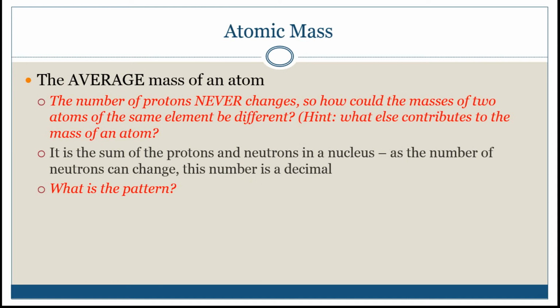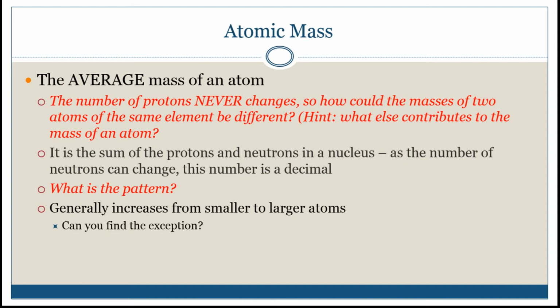There is one exception. So for a candy, who can spot on their periodic table where there's one element that, when you move to the right, is actually lighter than the element in front of it? Can you find it? I'll give you a hint. It's near the bottom. Element number what? Element 107, which is borium.